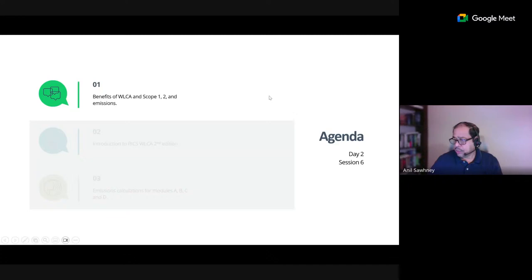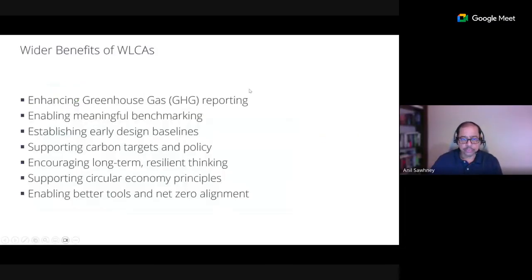Let's jump right into the introduction of WLCA and scope 1, 2, I guess 3 is missing, but scope 1, 2, and 3 emissions. So we closed yesterday by looking at the broad view of life cycle assessments and its adoption in the construction sector. We clearly saw that LCAs can be applied to an individual product or material like cement or ready-mix concrete.